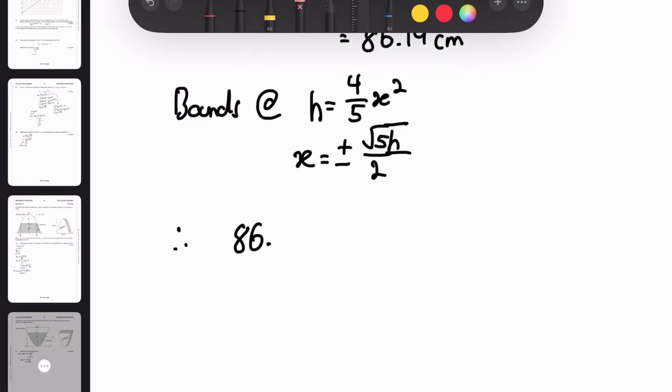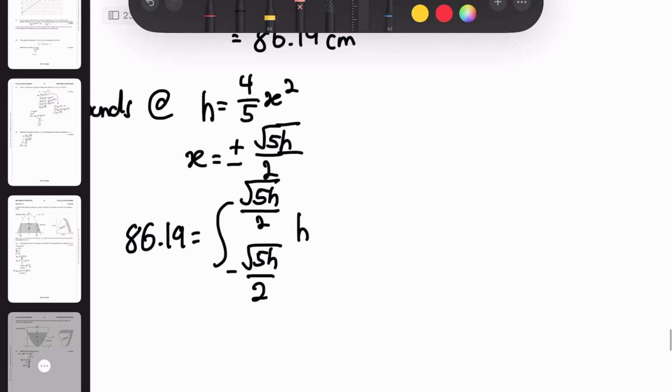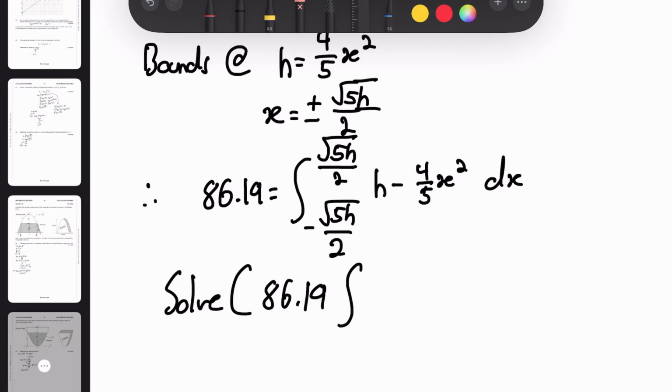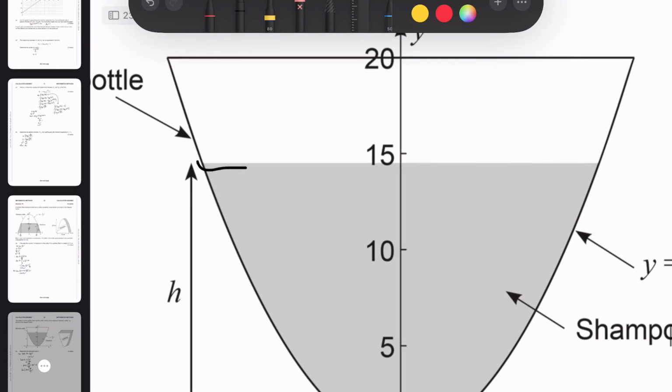Therefore 86.19 is going to be equal to the integral from negative square root of 5h on 2 to square root of 5h on 2, where we have h minus 4 on 5x squared dx. Then we can just plug this into a calculator. h here is our height.